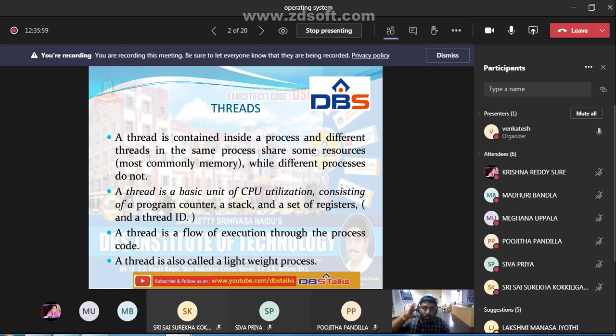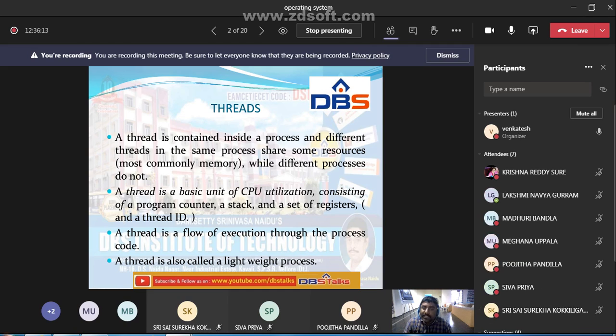Next, one more definition of a thread is a basic unit of CPU utilization. Whenever a process is executing, the threads present in the process are also executing. A process executing means it is utilized by the CPU, and that's why we say a thread is a basic unit of CPU utilization.